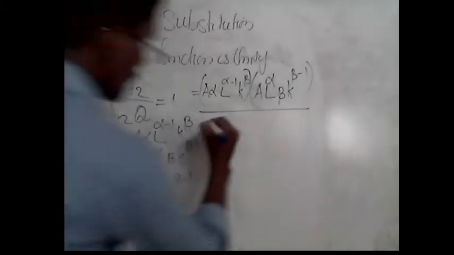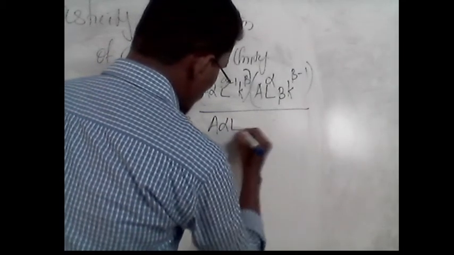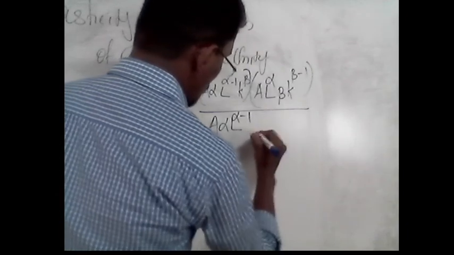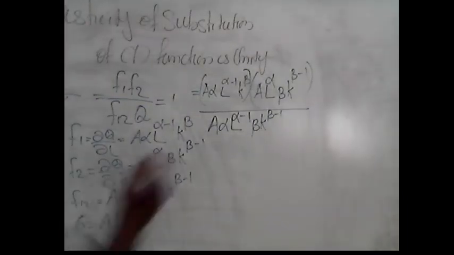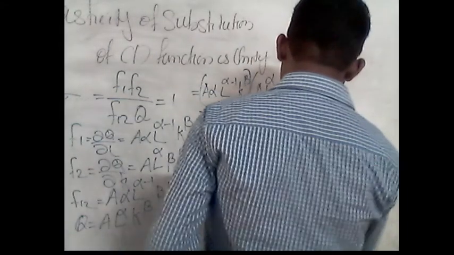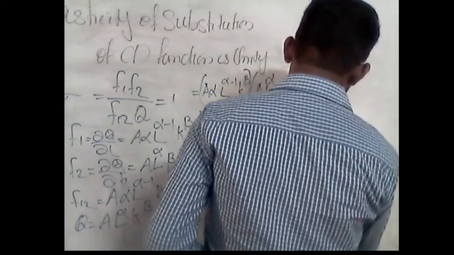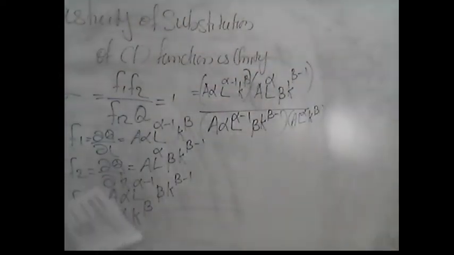F12 is equal to A alpha L raised to alpha minus 1 beta K raised to beta minus 1, into the original function Q, that is A L raised to alpha and K raised to beta.